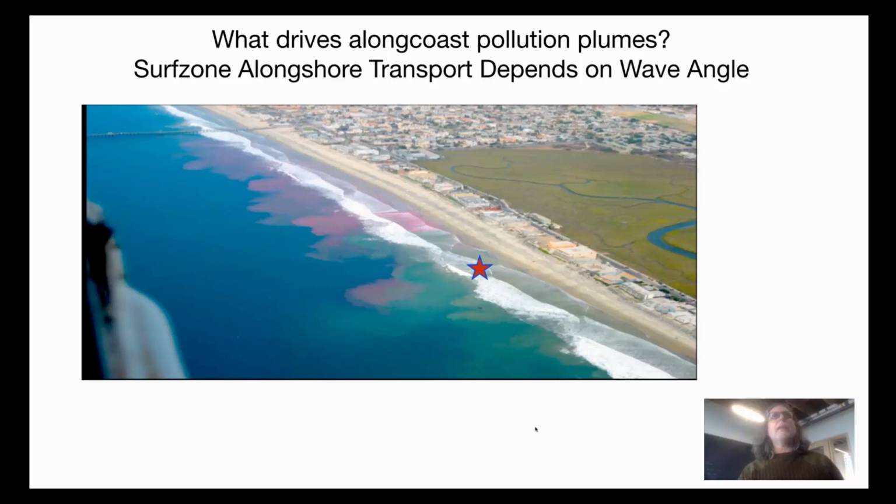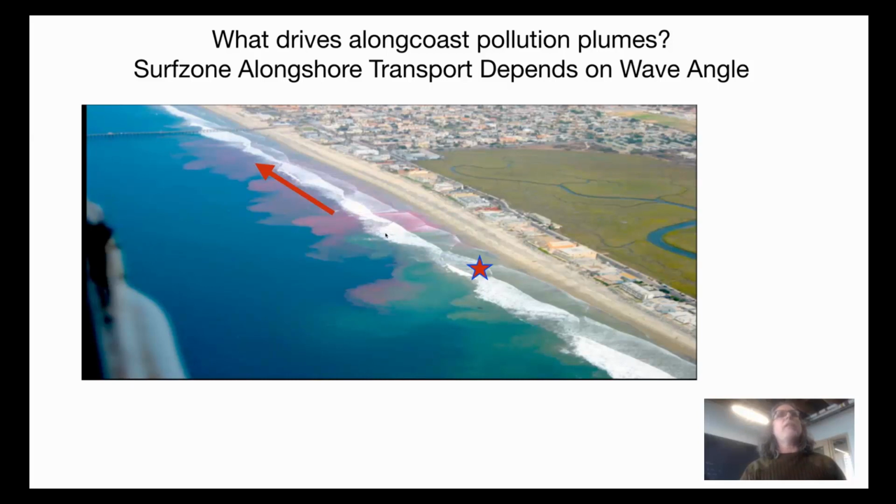Now, we have to think about what is driving these plumes of pollution. A lot of it is transported in the surf zone, just within a few hundred meters of shore, and that transport depends on the waves and on the wave angle.